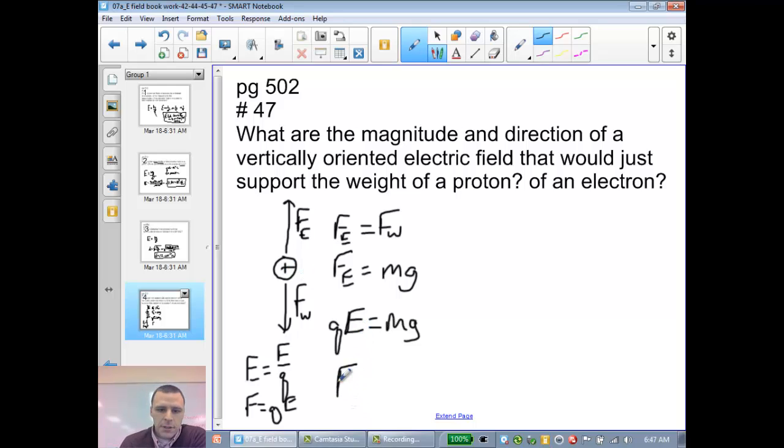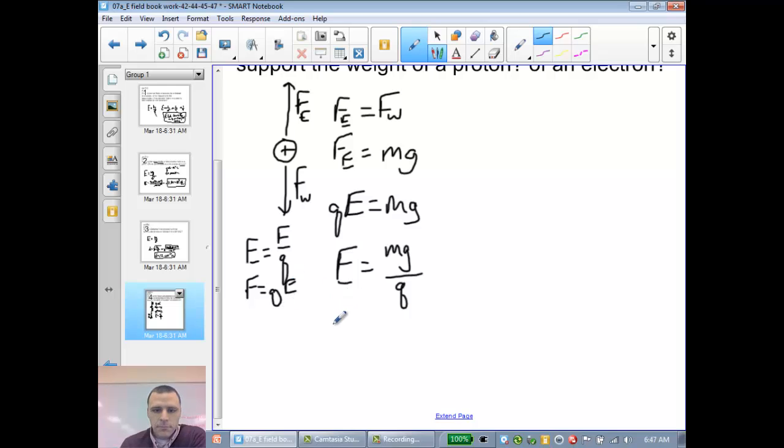If we solve for E, it's mg divided by Q. We know all those numbers. The mass of the proton is 1.672 times 10 to the negative 27, G is 9.8 on Earth, and the charge of the proton is 1.602 times 10 to the negative 19.